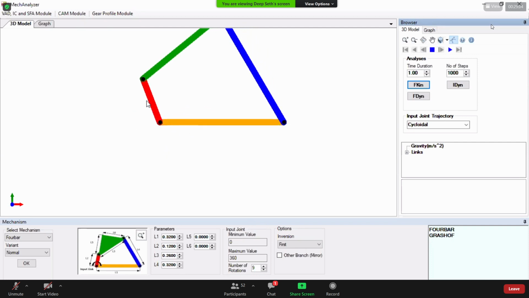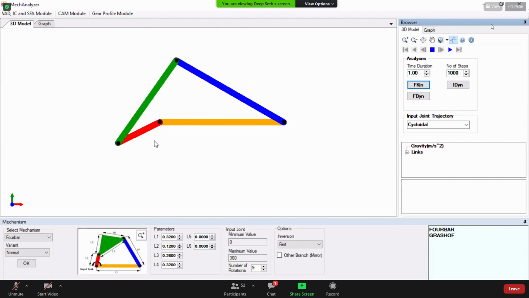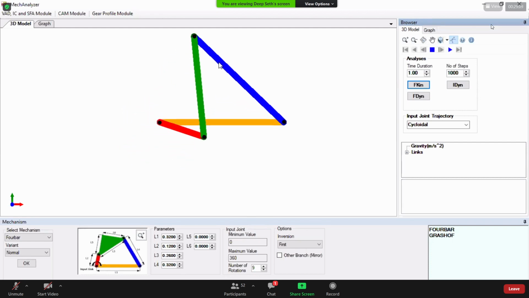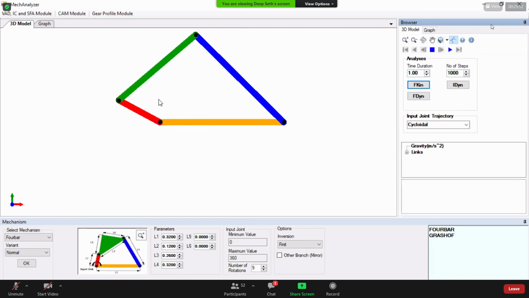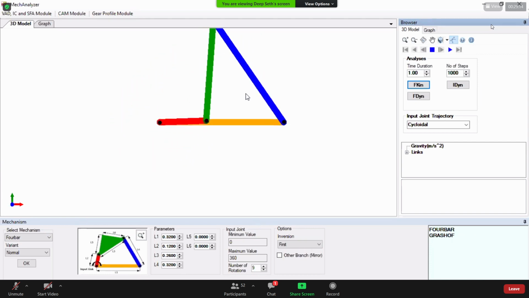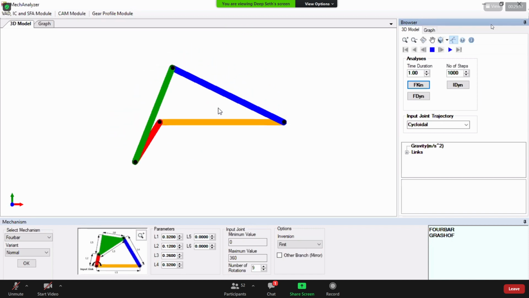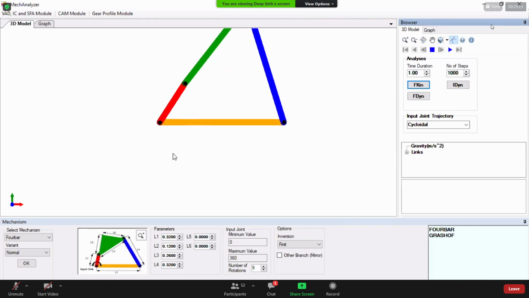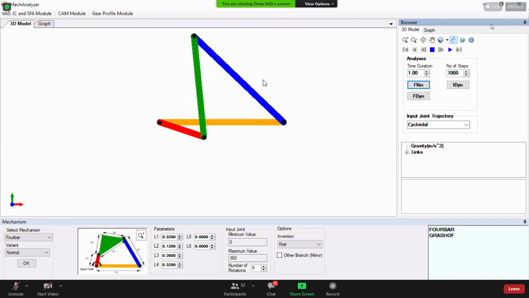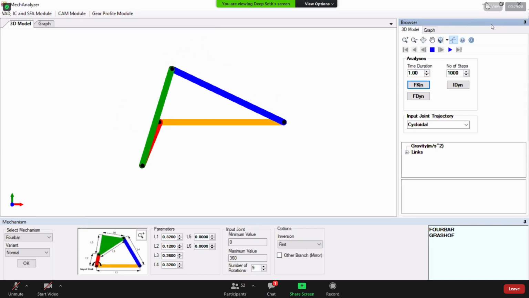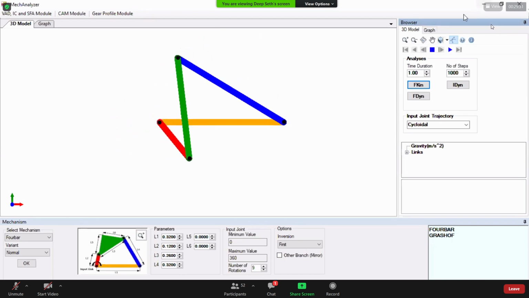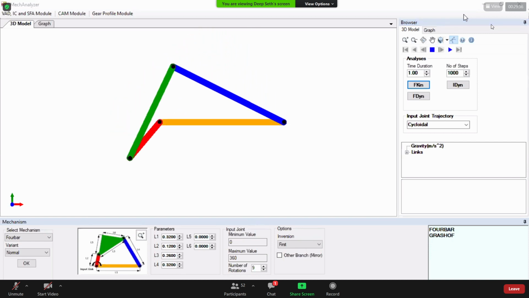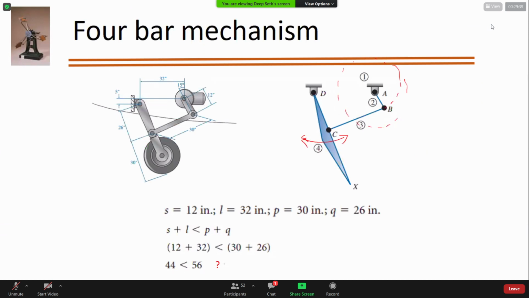So this link starts moving. See, this is completely rotating, it's the crank. And this other link is only oscillating. That's why it is a crank rocker. So this is the crank and this is your rocker. Okay, let's go back to our slides. So this is your crank rocker mechanism.